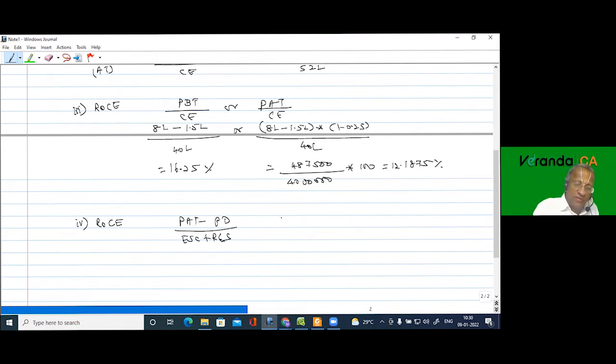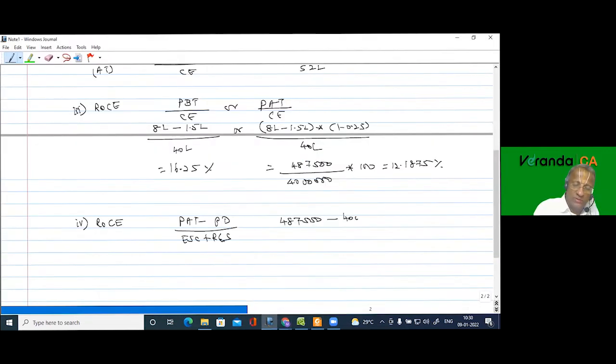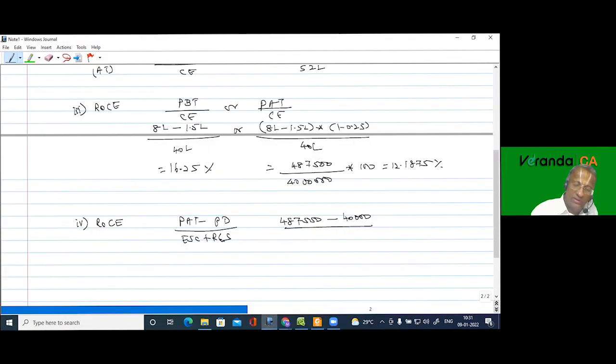So it is 4,87,500 PAT minus the dividend, 10% on this, that comes to 40,000. The whole divided by equity share capital plus reserves and surplus, that comes to 36 lakhs.